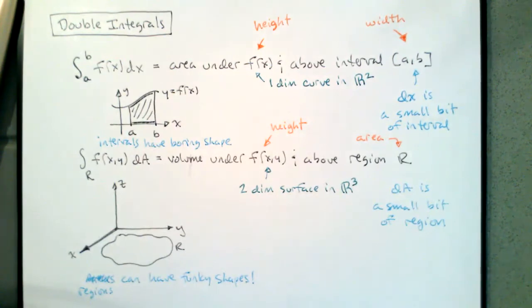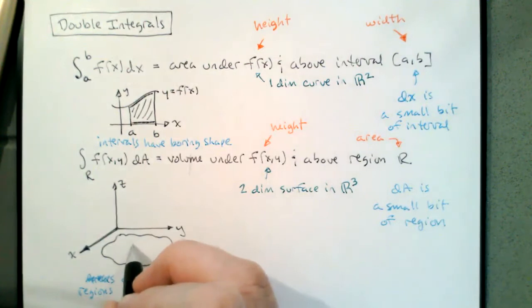Regions can have funky shapes, while intervals always have boring shapes. Those aren't official terms, so don't go searching your math book for funky shapes. But the thing that we're doing is the same.